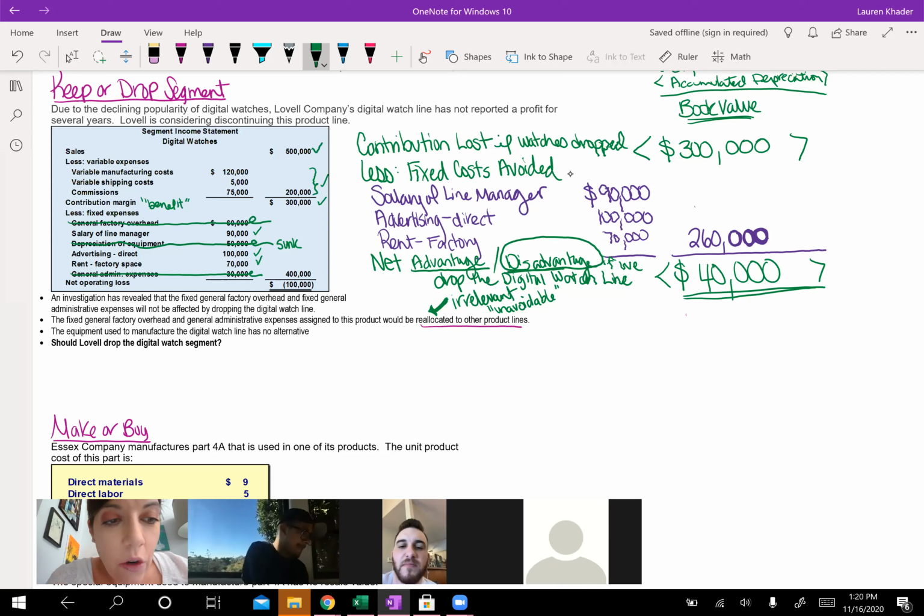So even though it's showing a net operating loss for this division, it's actually profitable by $40,000, once you eliminate those shared costs, the general factory overhead and the general administrative expenses, as well as sunk costs. Those costs were making that product line look worse than it actually is. It's actually a profitable product line, and the company's bottom line would decrease by $40,000.